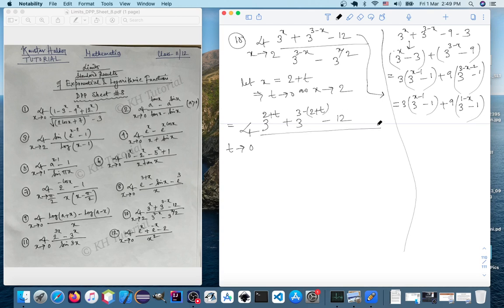Then 2 to the power 3 minus 2 plus t minus 2 to the power x by 2, that is 1 plus t by 2. One minus t.